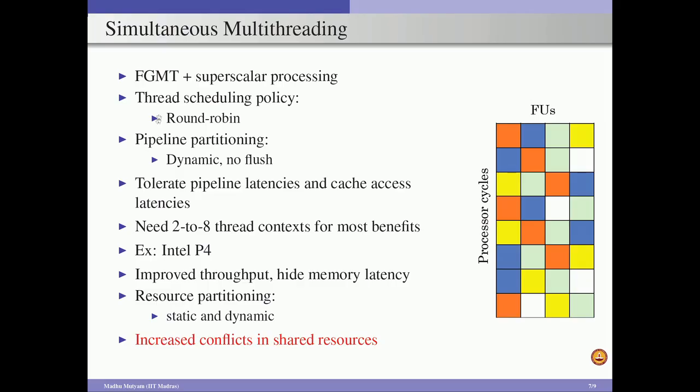Because of round robin scheduling and dynamic pipeline partitioning, simultaneous multithreading can tolerate the pipeline latencies as well as the cache access latencies, which may incur a few cycles or 10 to 20 cycles. To improve the overall performance, we need 2 to 8 thread contexts in our system, so that we can get the maximum benefits. The Intel Pentium 4 processor implemented simultaneous multithreading under the name of hyper-threading.